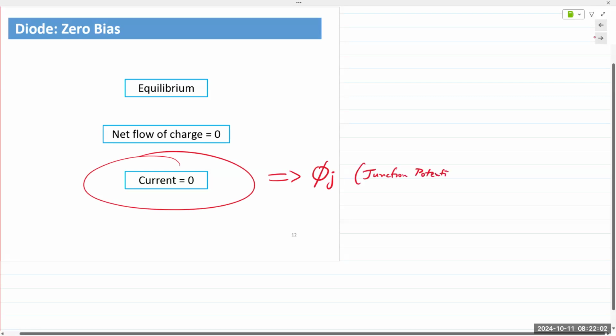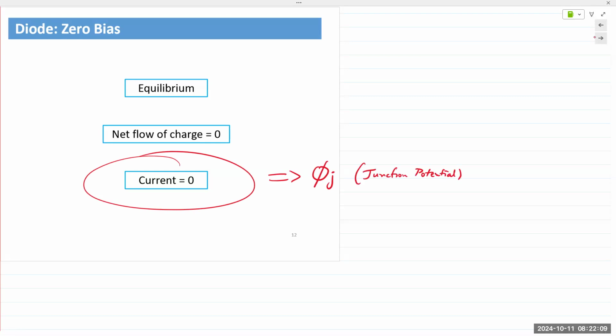This is typical semiconductor behavior. It doesn't matter what semiconductor material you use. If you have a p-type and an n-type semiconductor together, you form a p-n junction, and these effects do occur at that junction. So under zero bias, there's an equilibrium state.